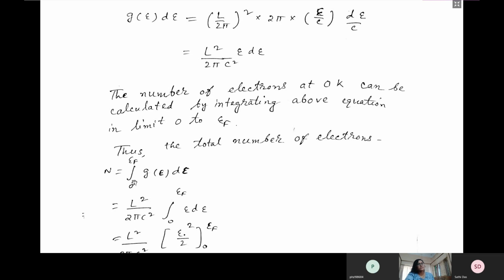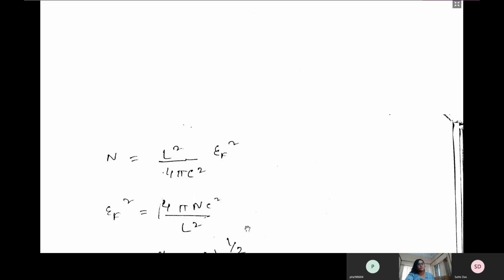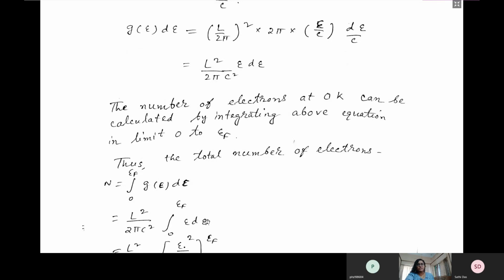So if you calculate the number of electrons from 0 to epsilon F at temperature T equals 0 Kelvin, you write it as f(E) g(E) dE, because f(E), the occupation probability, will be 1 from 0 to epsilon F, and it will become 0 from epsilon F to infinity.